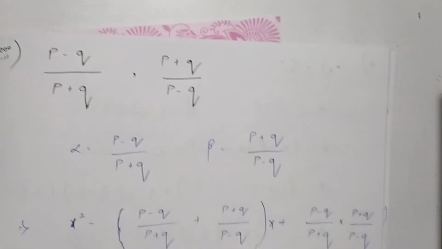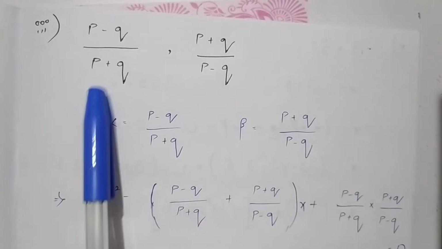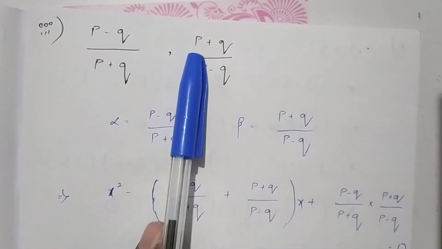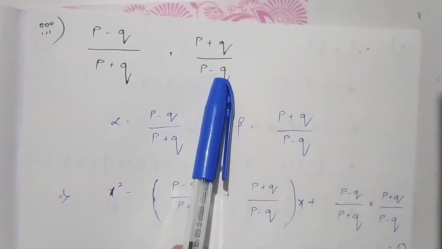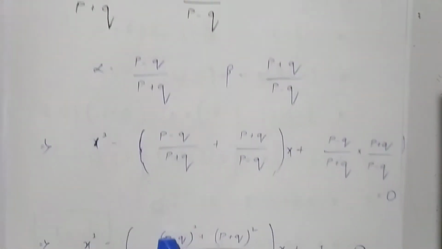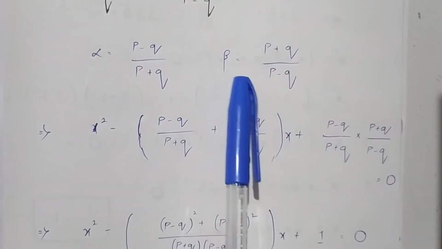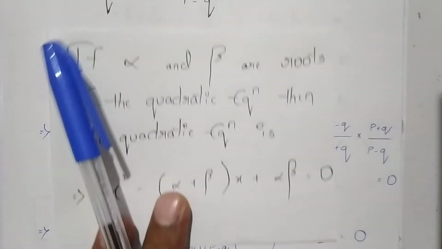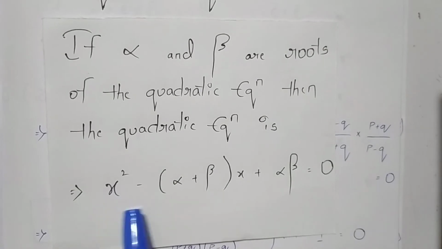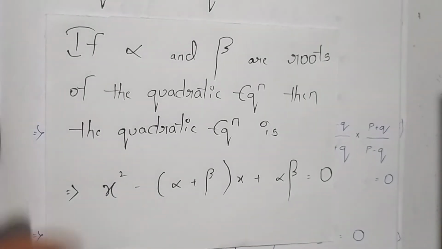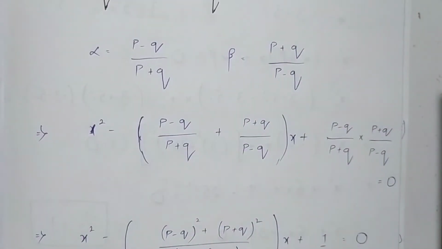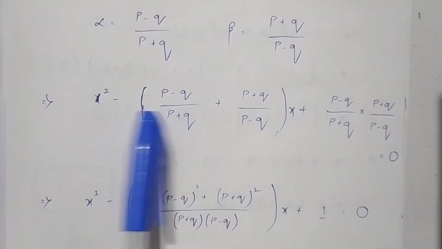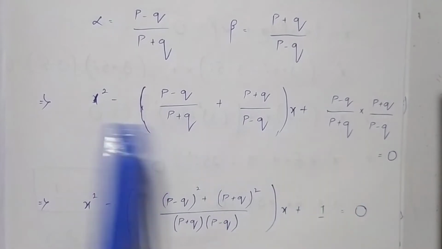The third one given in the textbook was (p minus q) divided by (p plus q), comma (p plus q) divided by (p minus q). The value of alpha is this, beta is this. Now we have to substitute the values of alpha and beta in this equation.